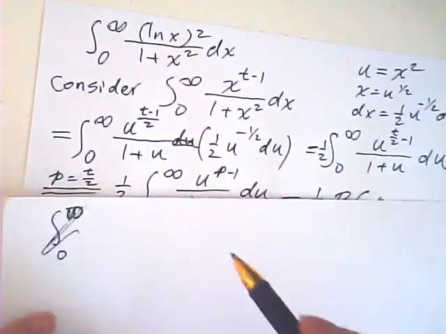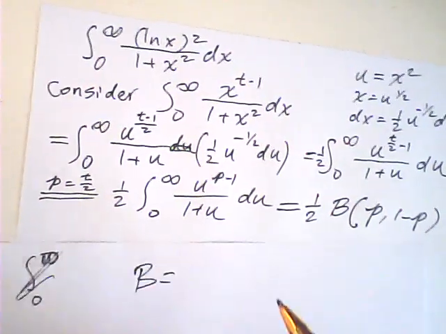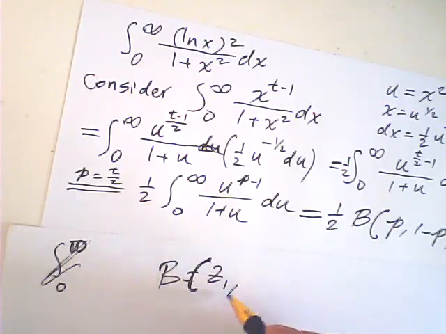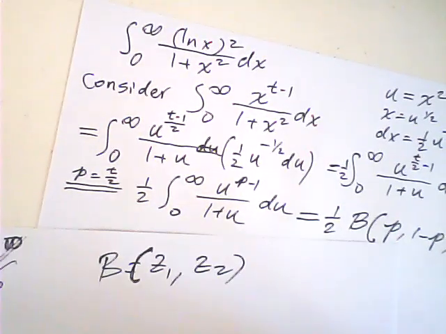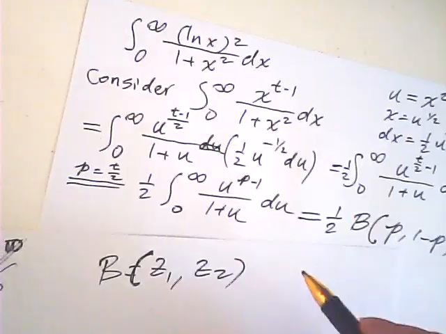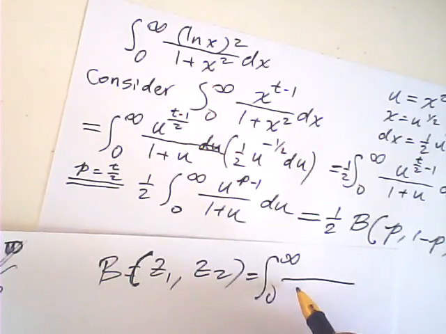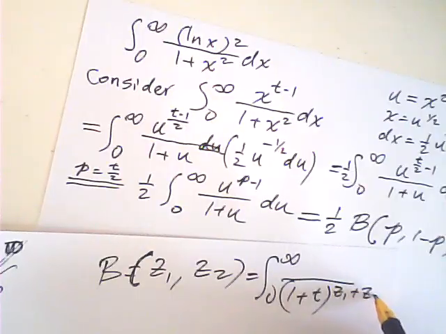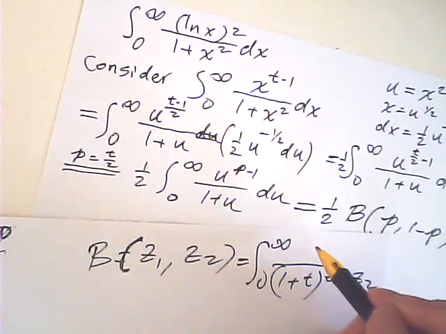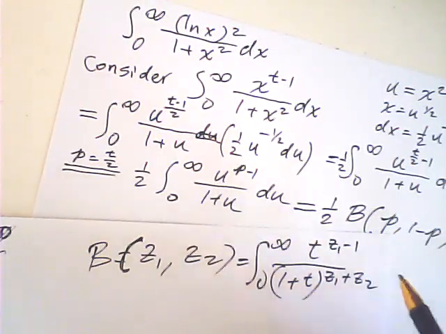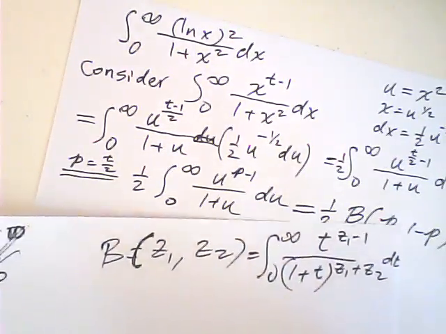The beta function of z1 and z2 is the integral of t to the z1 minus 1 over 1 plus t to the z1 plus z2, dt, where z is a complex number.